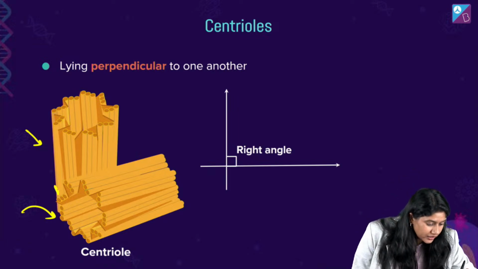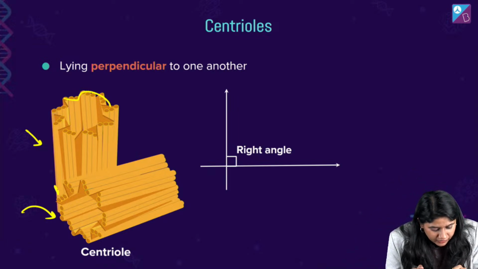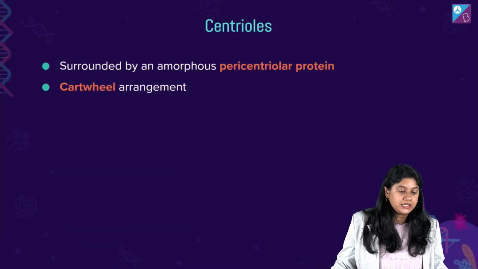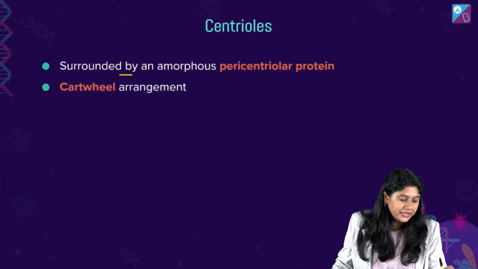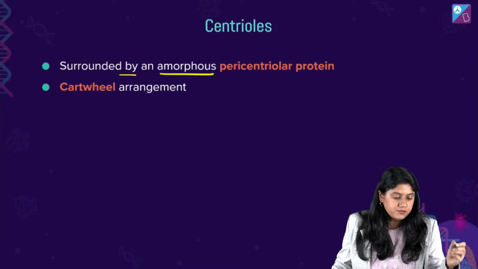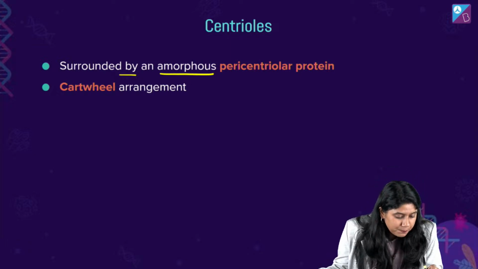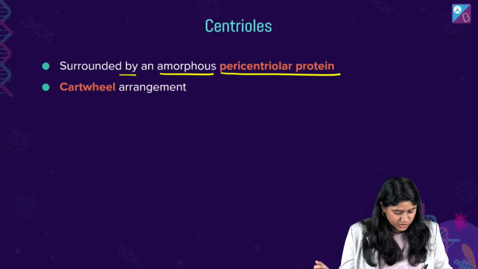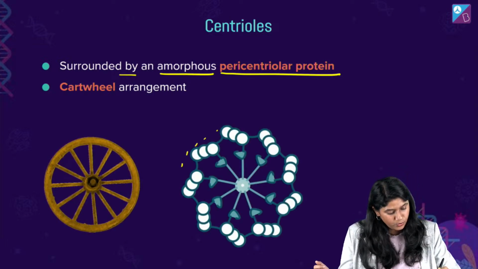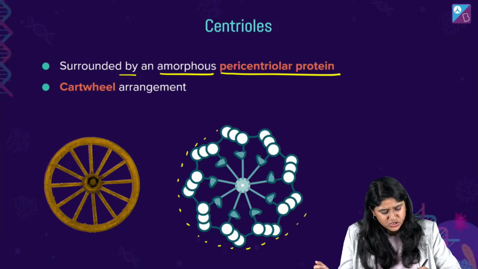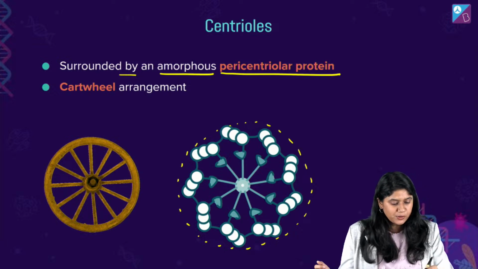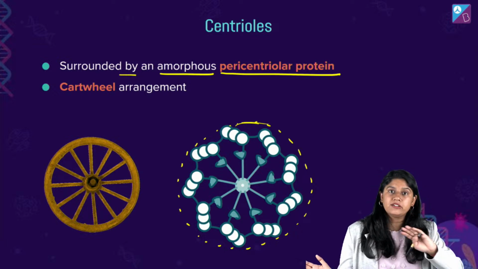Then, if you look carefully at this structure, what is the arrangement like? It's in the shape of a cartwheel, surrounded by the amorphous pericentriolar protein. Okay? Now this cartwheel arrangement is what we see, and around it we have something which is not very definite in shape. There is no clear-cut division, no defined shape.